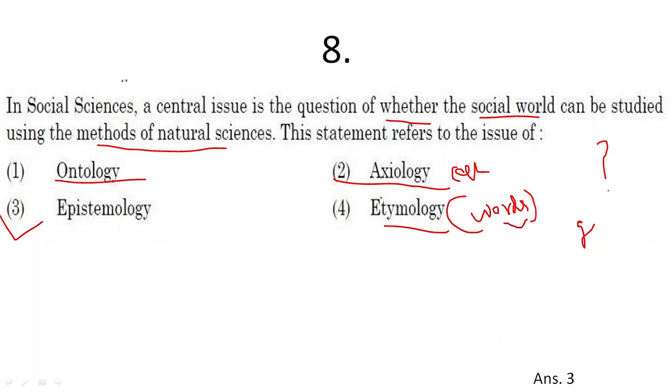Axiology is about your ethics, your values. And ontology is simply the nature, the being, the realism, and epistemology is the knowledge system, how the knowledge has been created, the justification of that truth, the beliefs, right? So this statement is about epistemology. Answer 3 is the right answer.